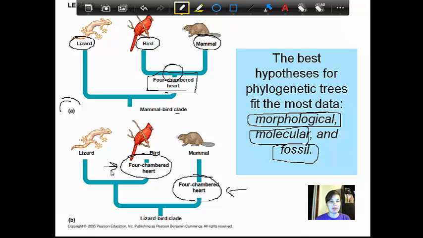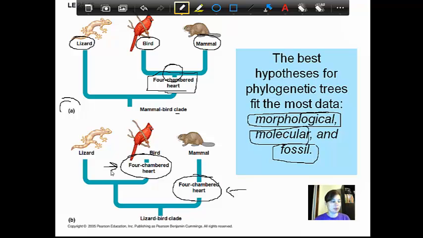Even though they're not the closest related, they have similar morphology just because that particular trait happened to evolve in both of them. We see that in other organisms as well. Birds and insects both have wings. Does that mean birds and insects are more closely related than birds and other warm-blooded organisms? Not necessarily. It just means that wings managed to evolve twice, 3 times if you throw in mammals like bats.